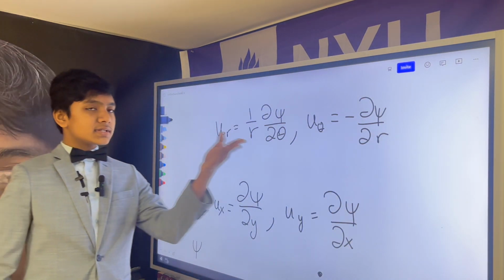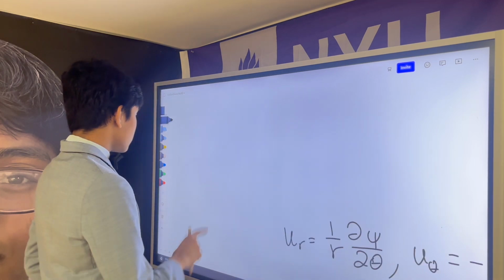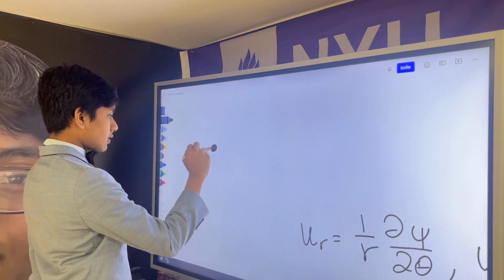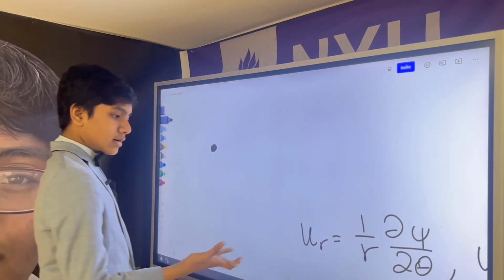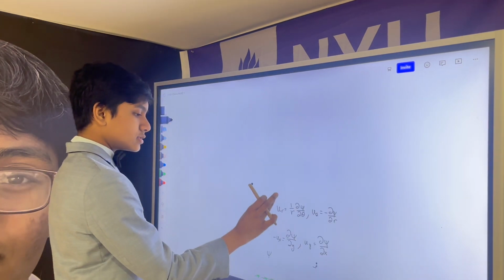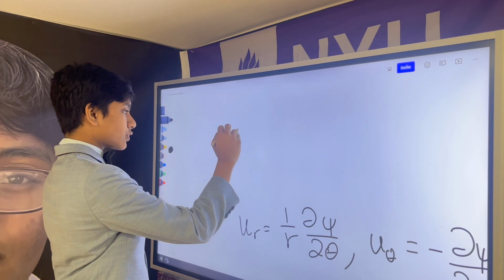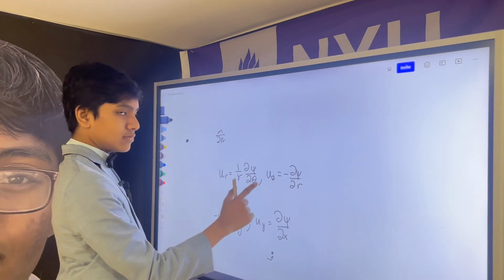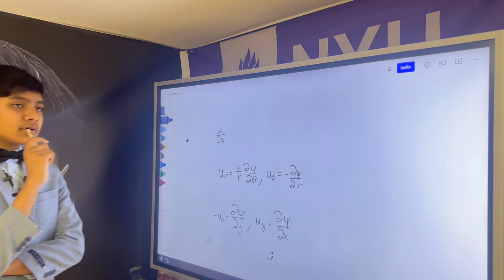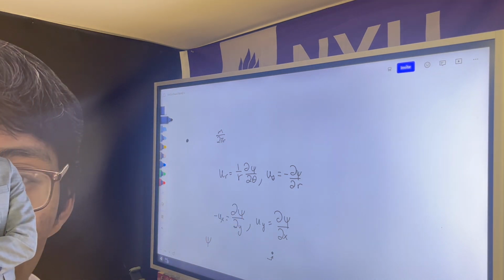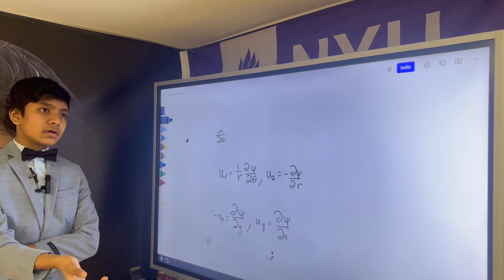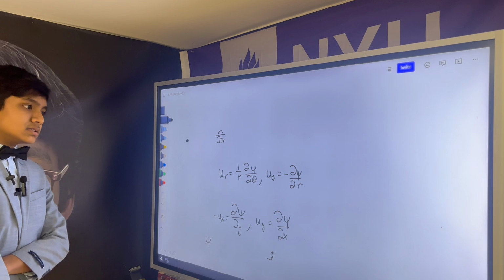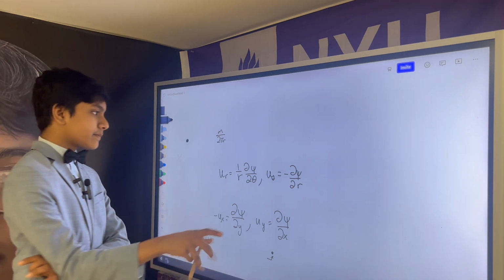So what are these components? Well, you'll recall that for a point vortex, this component is going to just be m over 2 pi r, and the other component is going to be 0. Wait, is that true? No, yes, it is. Okay.